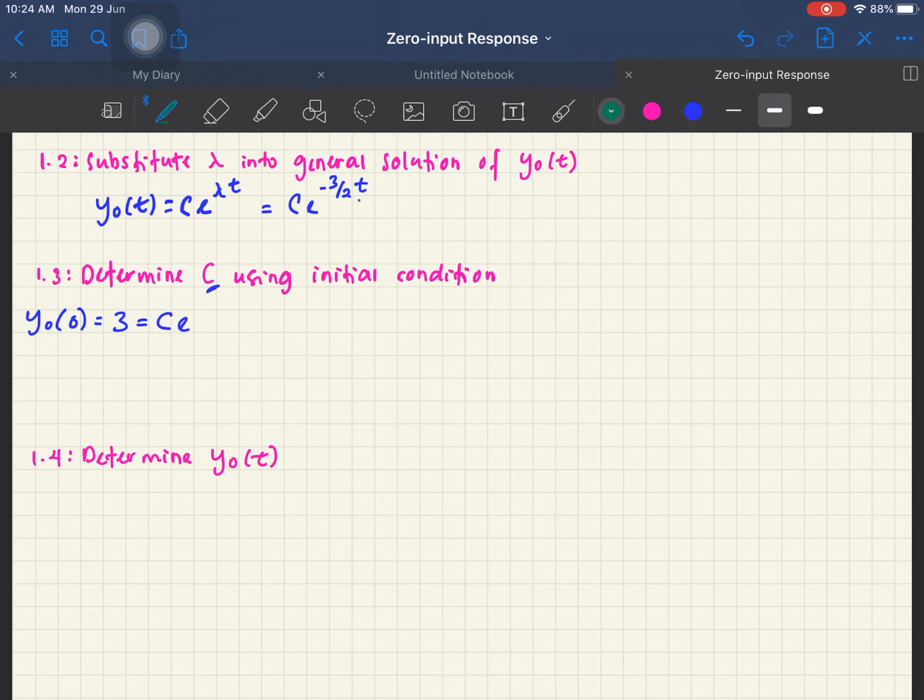Simply substitute t with 0, so you will have e to the power of 0, so 3 equals C. So now the solution will be y0(t) equals 3e^(-3/2 t), which is our zero input response. So this is the zero input response.